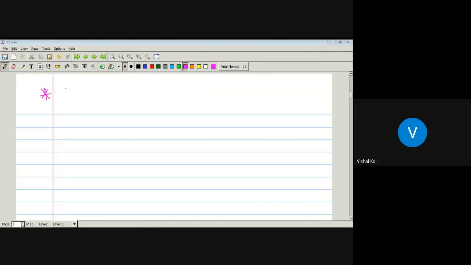Next, pigeonhole principle, second form.